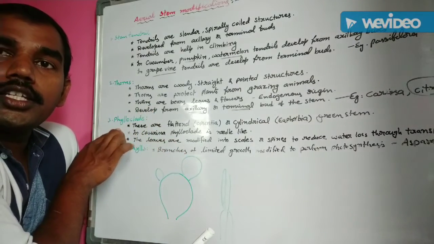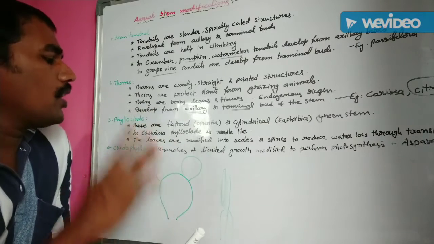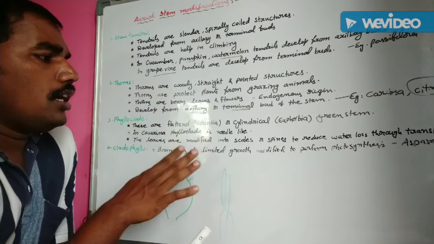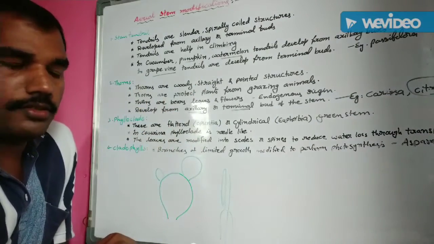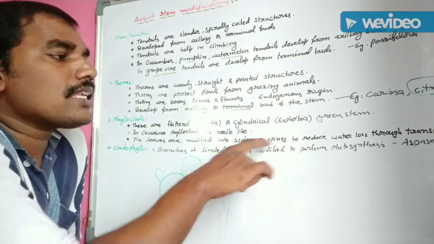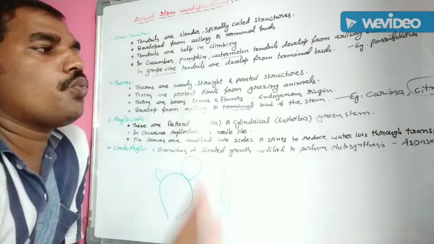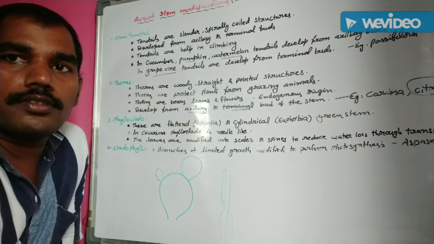phylloclade, the aerial stem modified organ. Understand? Because these are plants of drought areas. Next one. The leaves are modified into scales or spines to reduce the water loss through the transpiration process.